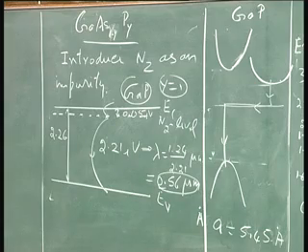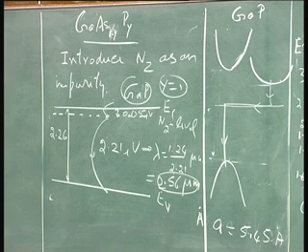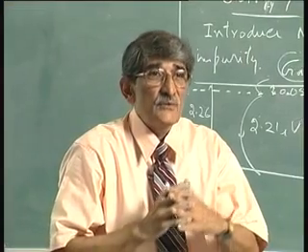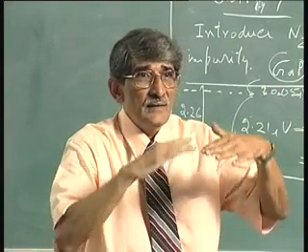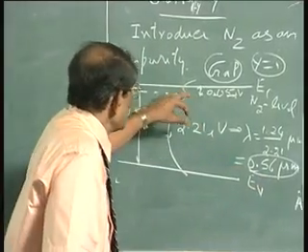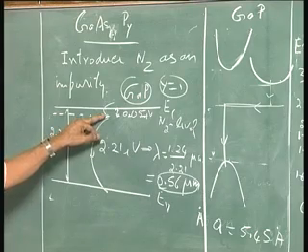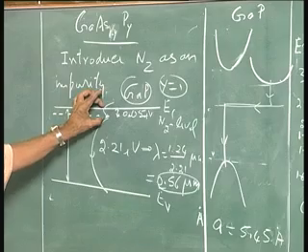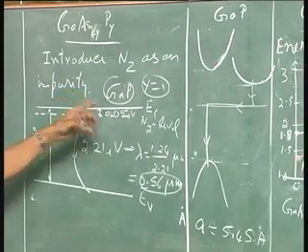The whole idea is the question of what the criteria are for selecting the impurity. To introduce the impurity, you should know where it will introduce the level. For example, in this case, nitrogen is known to introduce a level about 0.05 eV below the conduction band for all those materials.